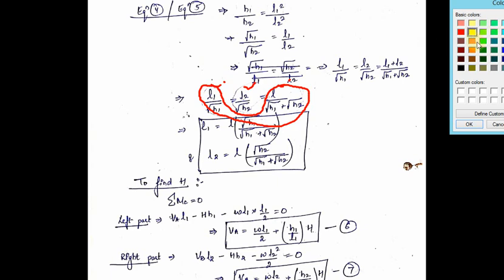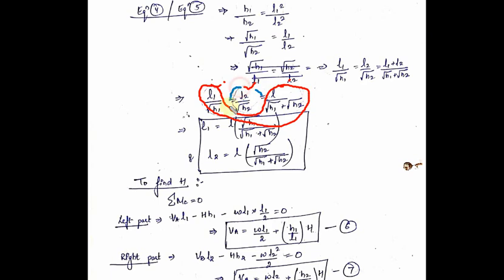And then we will take these two equations, and after putting these two terms equal, I will get the value of L2, that is small l under root h2 upon under root h1 plus under root h2. And therefore, by using these two formulae, I can find out the values of L1 and L2.